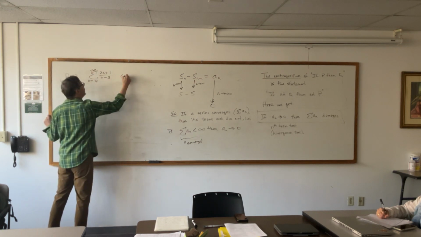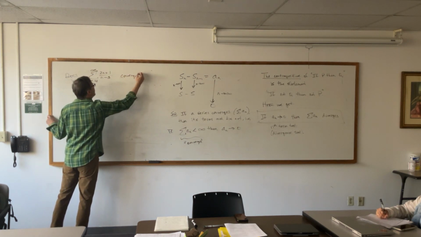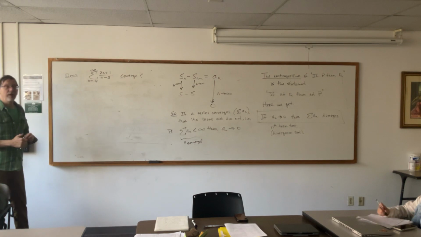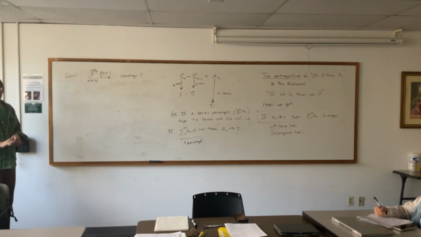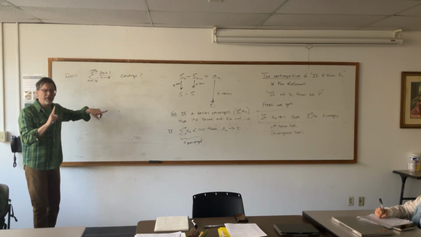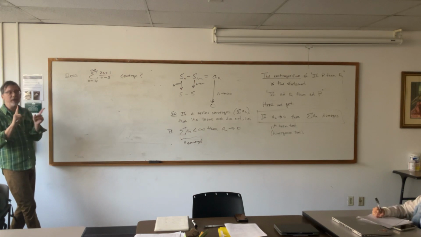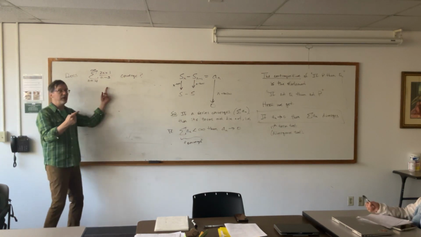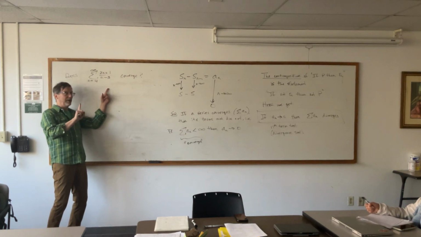Does this converge? So we look at that, and the game is going to be like this from now on. I'm going to give you a series, and you're going to go, do I recognize the series? And right now, we only recognize one series, geometric. How do I know this isn't a geometric series?